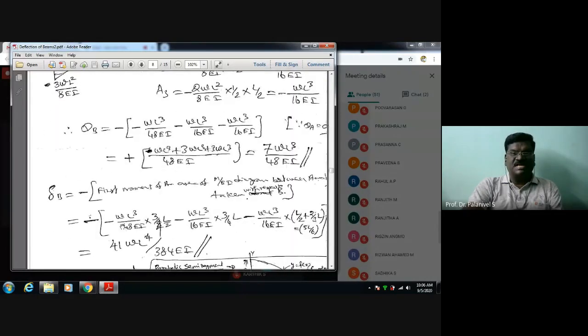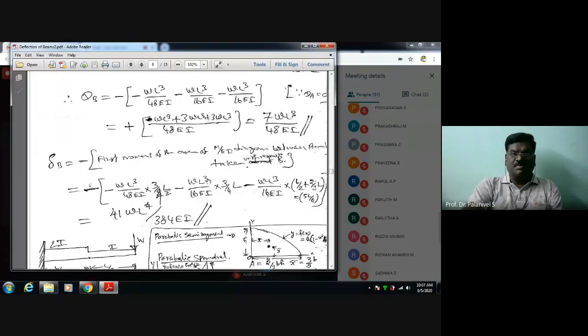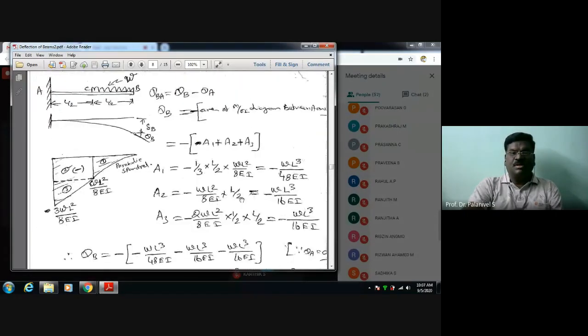The moment of the first area about point B is written here. Next, minus the moment of the signed area. The signed area we have determined here: minus WL cube by 16EI, into this distance. From here, the moment is taken, so it is L by 2 plus L by 2 divided by 2, that is L by 4.